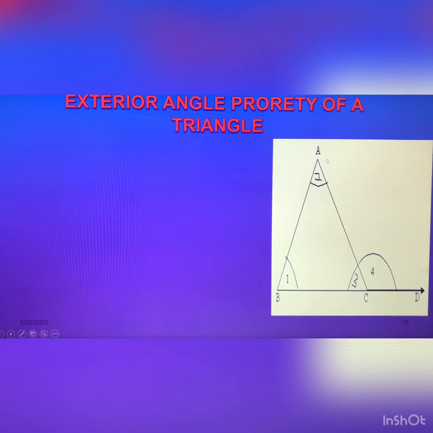So here is a triangle ABC, then this angle 4 is an exterior angle, and angle 1 and angle 2 are the interior angles. So by the exterior angle property, angle 1 plus angle 2 equals angle 4. Okay, so how to prove this exterior angle property?